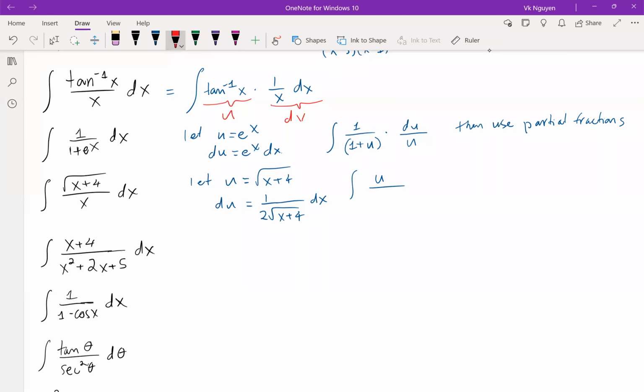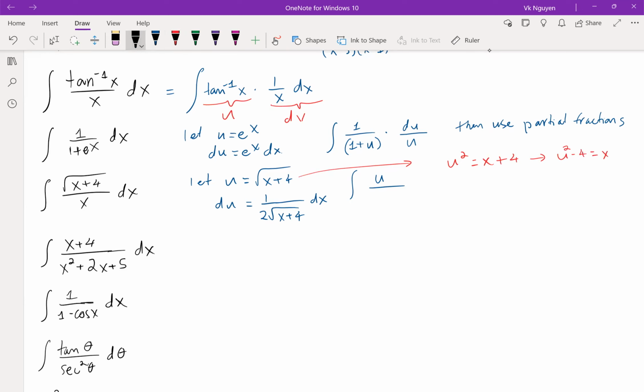If you square both sides, then you see that u squared is x plus 4. So that means we can find a substitution for x. u squared minus 4 equals x.